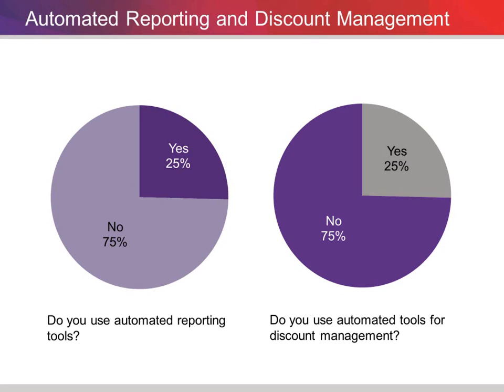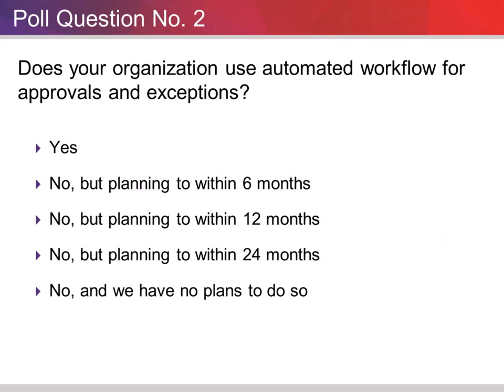Now look, I know that that's not an overwhelming number, but this is a far cry from where we were just a few years ago, and it's illustrative of where we are as an industry in terms of our maturity along the five steps.